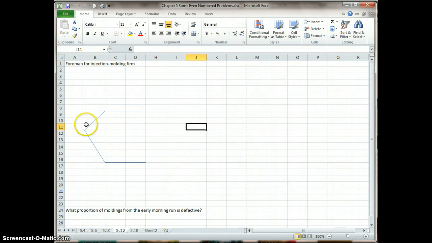So I've got the start of a probability tree showing right now. I've got a little bit more of it built, but I'm hiding those columns right now.